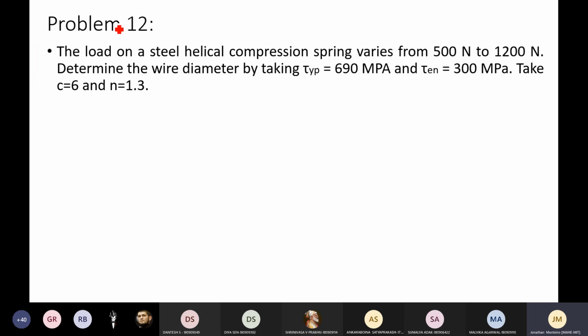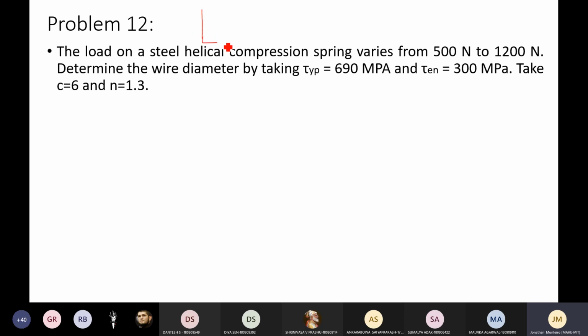Okay. So here we have a typical problem where a load on a steel helical compression spring varies from 500 to 1200 newtons. We do not know what exactly is the variation, but let us assume it is somewhat like this.